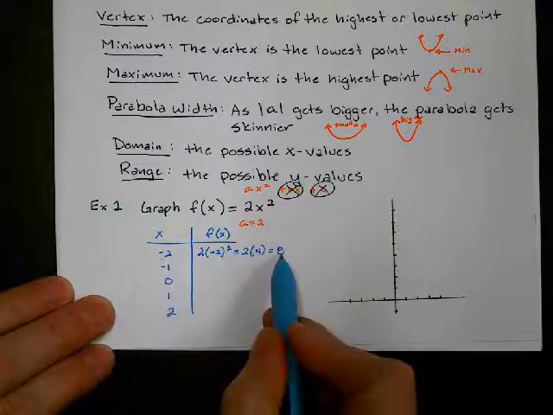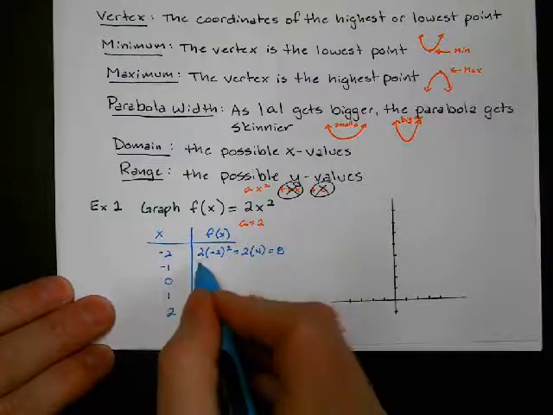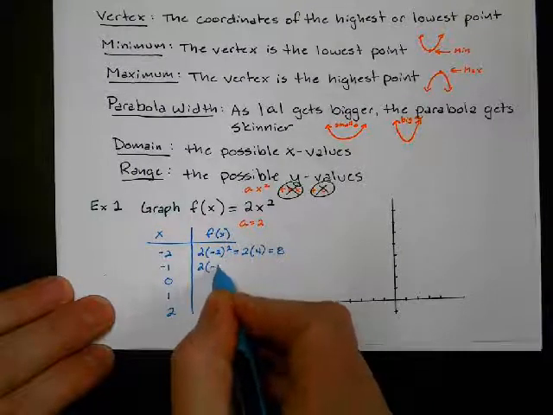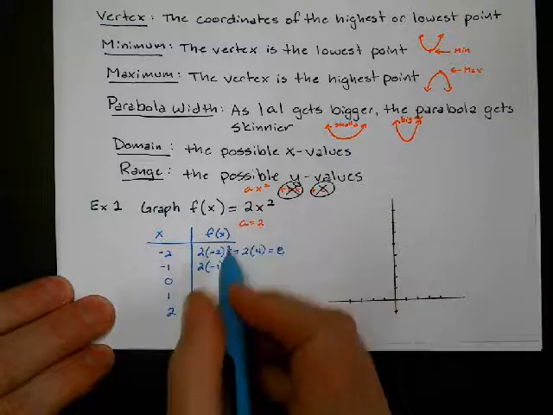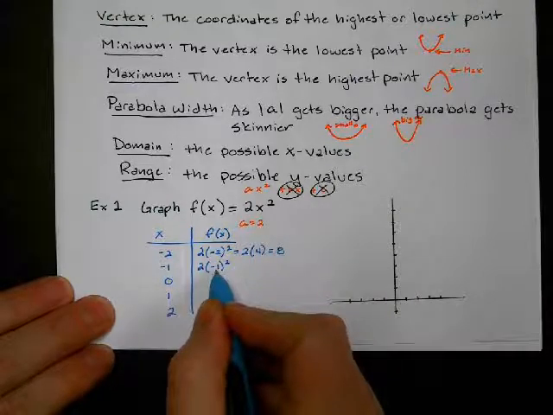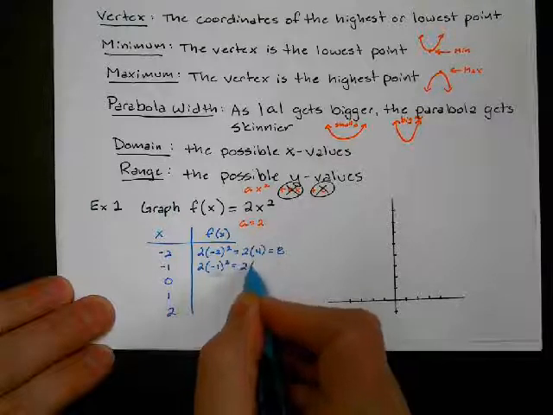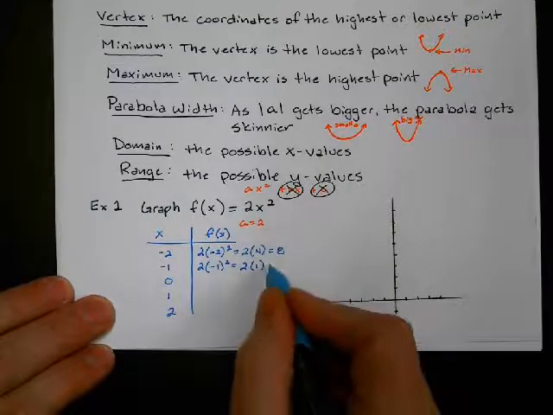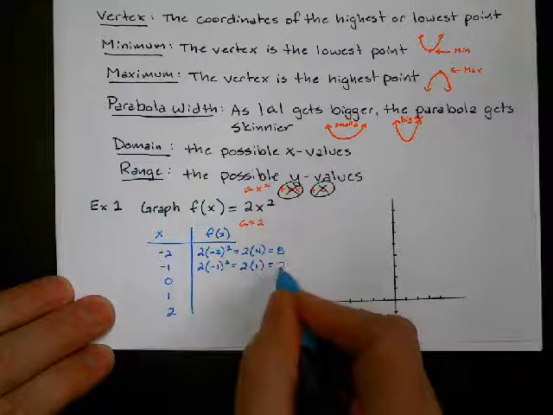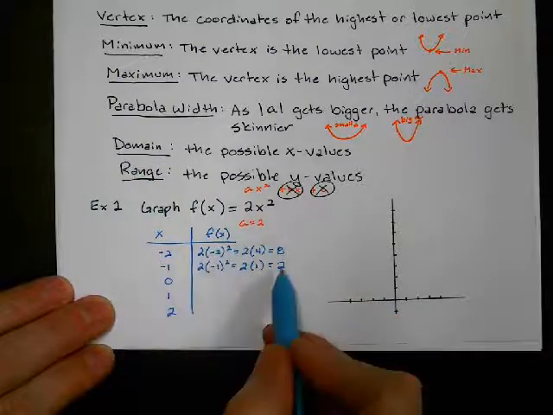Let's plug in -1. If I plug in -1 into the function for x, -1 times -1, because I'm doing the squaring first, would equal +1, because a negative times negative is positive. And then 2 times 1 is 2. So my f of x value when x is -1 is 2.